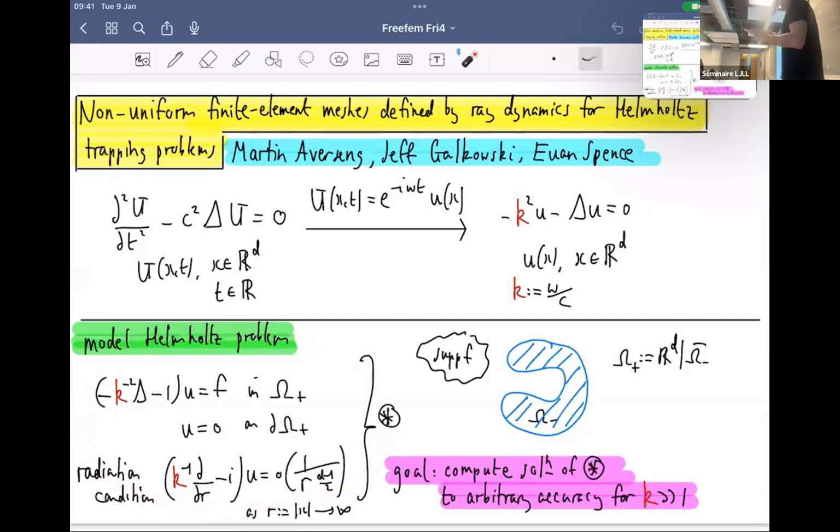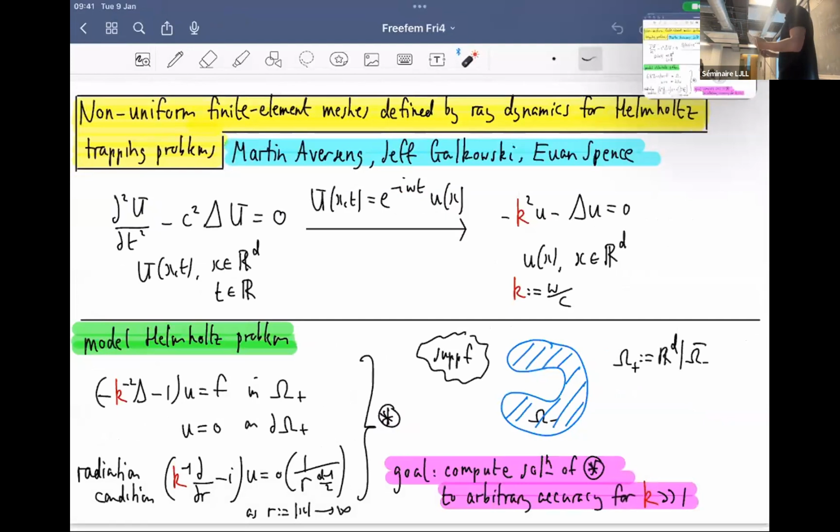And finally, I mentioned that I'm going to be using the techniques from PDE theory designed to study these high frequency problems. These techniques are most comfortable when everything is smooth. So when we have a smooth obstacle, and if I have variable coefficients, when the coefficients are smooth. However, these techniques are not limited to these cases, and so under more non-trivial technicalities, I could reduce these smoothness requirements.